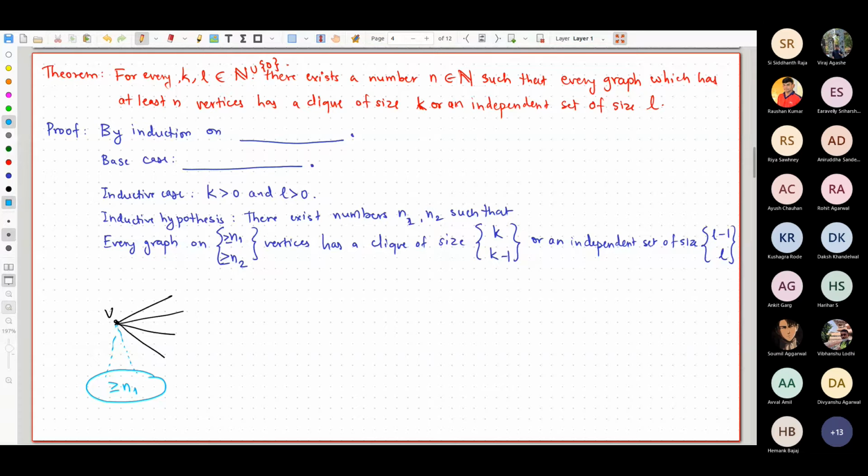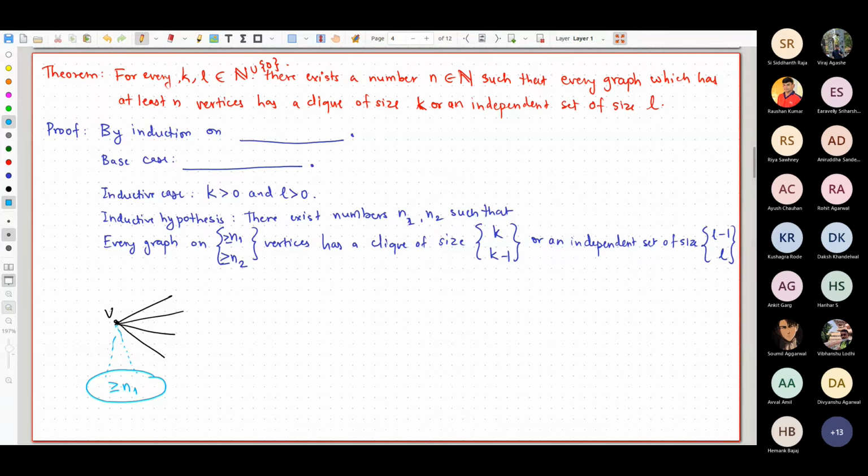If it has a clique of size K, we are done, because that clique is a clique in the original graph. If it has an independent set of size L minus 1, I can add V to it, because V is not adjacent to anybody in the subgraph, and that way I get an independent set of size L.